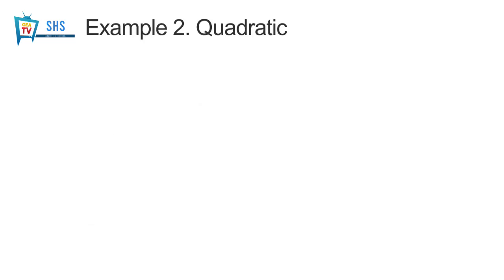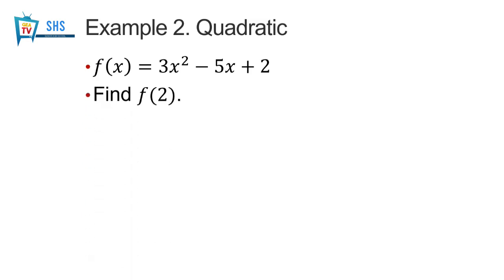In our second example, we have a quadratic function. We have f of x equals 3x squared minus 5x plus 2. Let's find f of 2. So this time we have to replace x by 2 in 3x squared minus 5x plus 2. So we have to follow the rules in performing the operations in the given function. We have to find the square of 2 first before we multiply by 3.